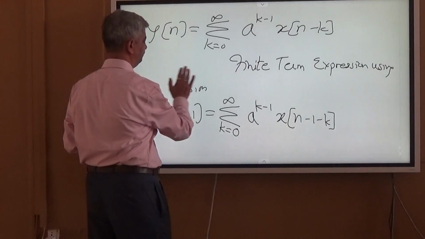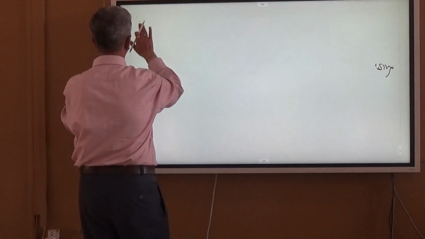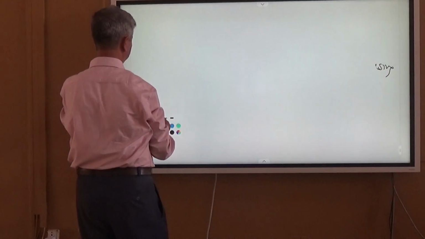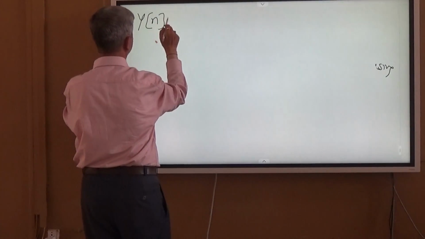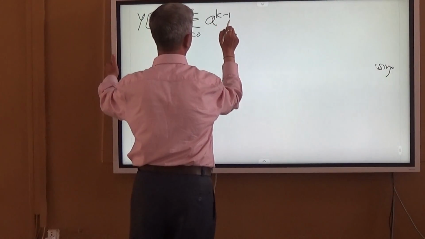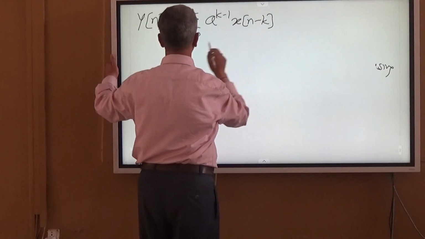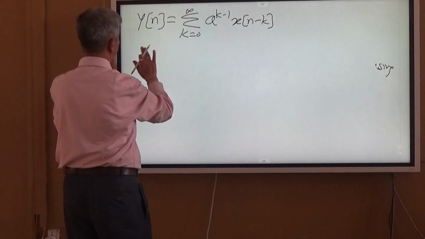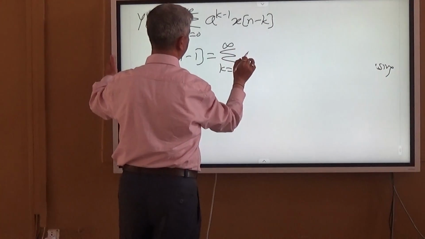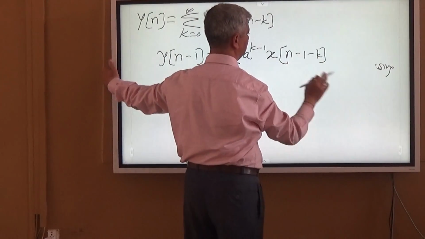So I will write it here. We write y of n minus 1 is equal to summation k equal to 0 to infinity a raised to k minus 1 x of n minus 1 minus k.